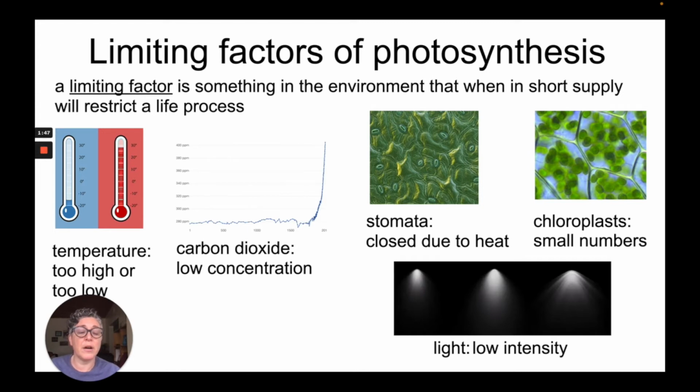If there are small numbers of chloroplasts, then not enough light will be absorbed, and photosynthesis again will not be at maximum rate. And then light intensity will affect photosynthesis. If there is low light intensity, then the rate of photosynthesis will also be low. So all of these can be limiting factors depending on what the conditions are in the environment.